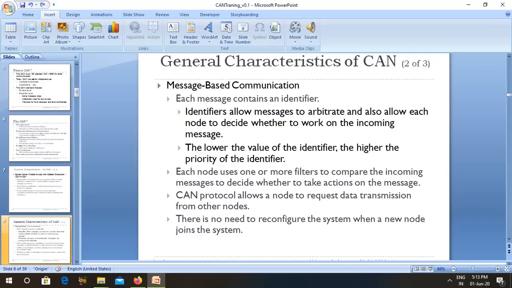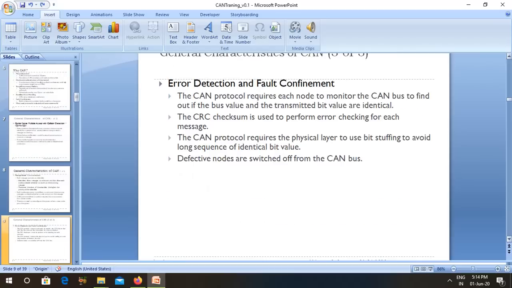So it is possible for a user to unplug a node and work with the remaining nodes without disturbing the system, without shutting down the system. He can work with the other nodes. These are some of the flexibilities that the CAN standard has for an end user.